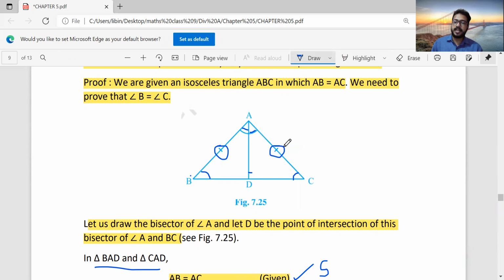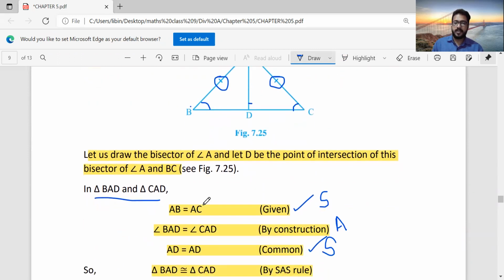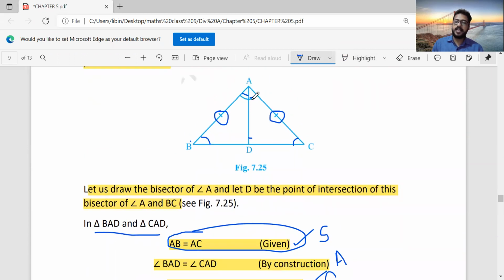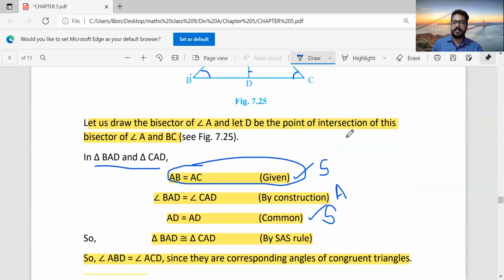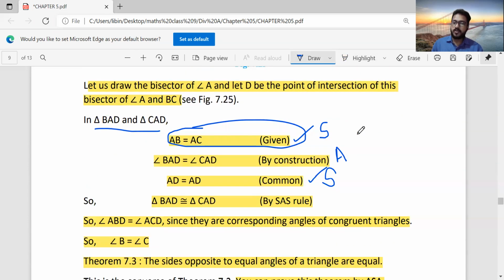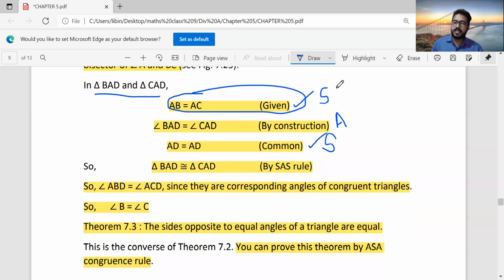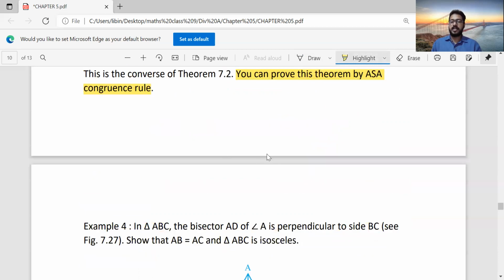Angle ABD and angle ACD are given. They are equal. So instead of this one, we will be writing angle ABD is equal to angle ACD. That's all. By using here A, and secondly S, and then last the angle A, we have proved it using the ASA rule. That's about it.